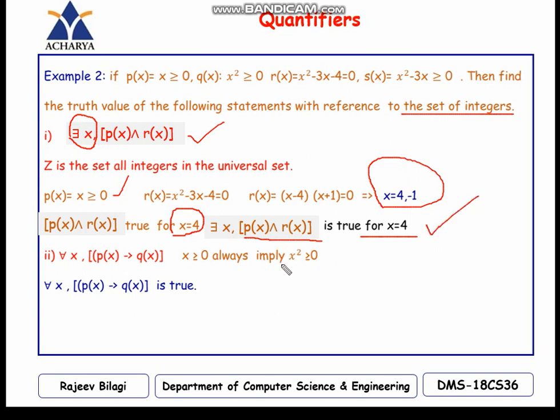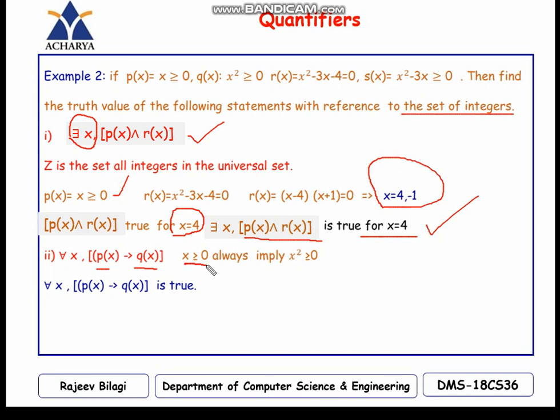Now similarly, for all the values of x, if P of x then Q of x, that is, whenever P of x is true, then Q of x is also true.